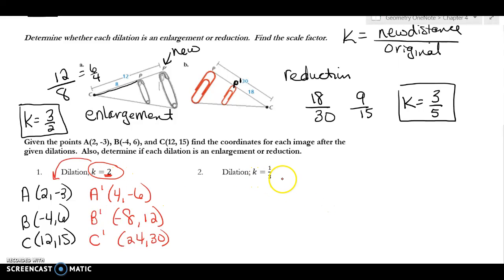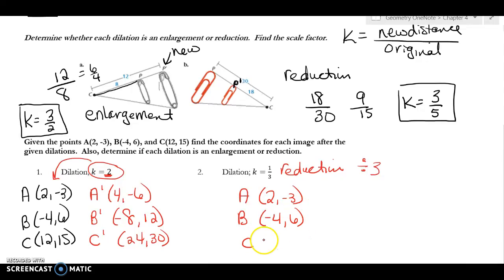Here, my scale factor, this is a reduction because it's a fraction and it's less than 1. So I'm going to multiply everything by 1, which doesn't change it. So really, I'm going to divide everything by 3. So I have my points, and I'm going to divide each of those by 3.